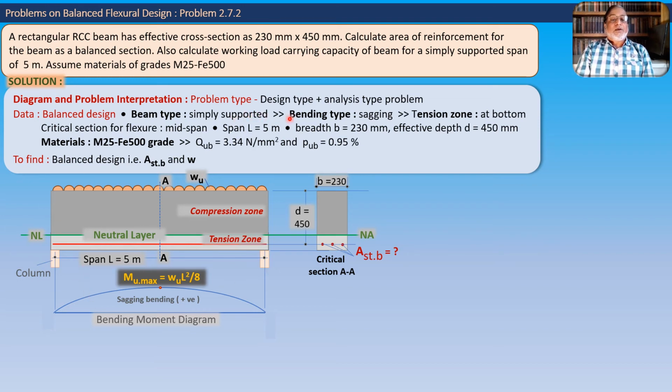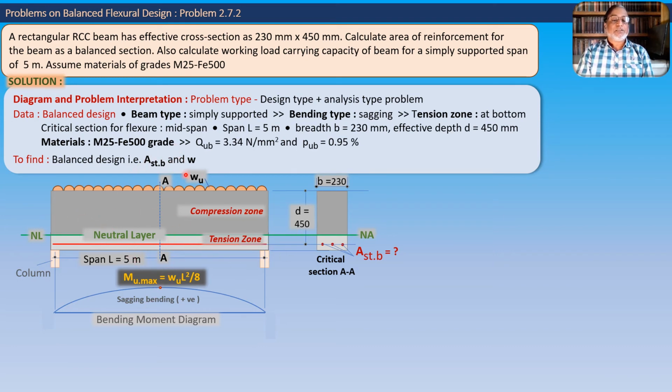Now again, when the beam is of simply supported type, it is having sagging bending, so it is having tension zone at the bottom and compression zone at the top. And the critical section for flexure, when you are having only uniformly distributed load over the entire span, is the mid-span section, the middle section along the length of the beam.